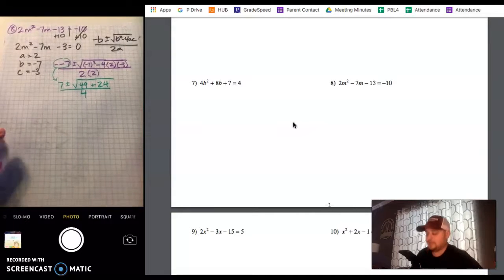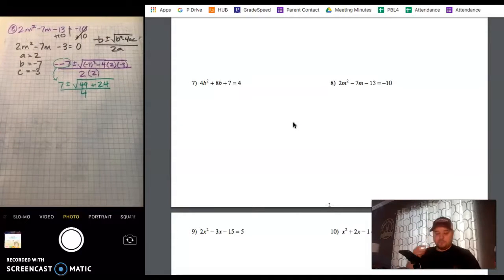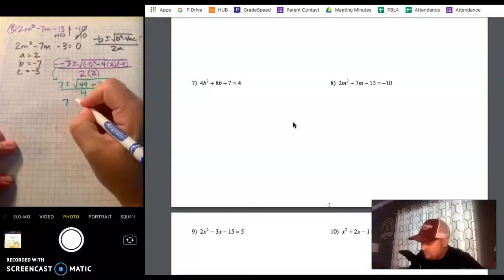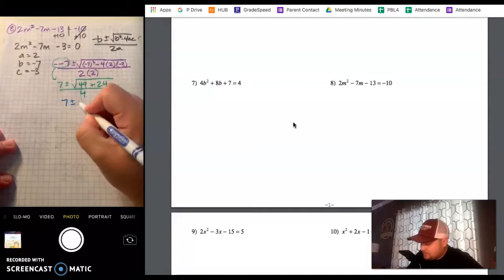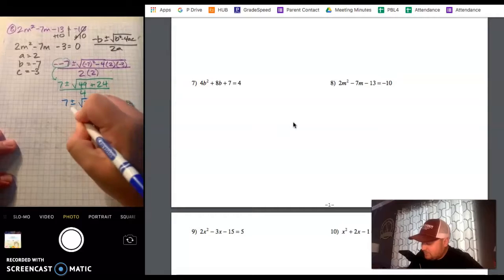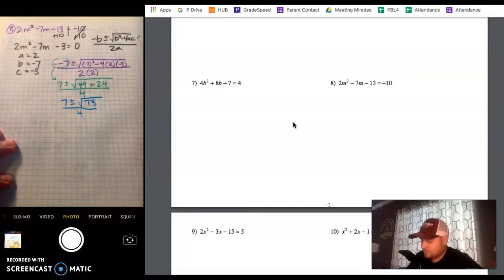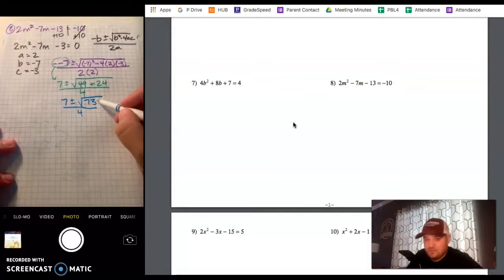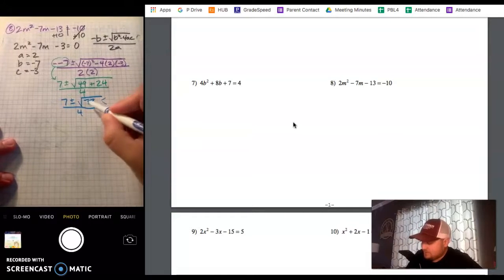All right, now let's go ahead and add 49 and 24. So that's going to be 73. So now I've got 7 plus or minus the square root of 73 over 4. Okay. Now, 73, not a good number to work with, okay? So let's see if we can break that down at all. 73, it's odd, so I can't divide it by 2.